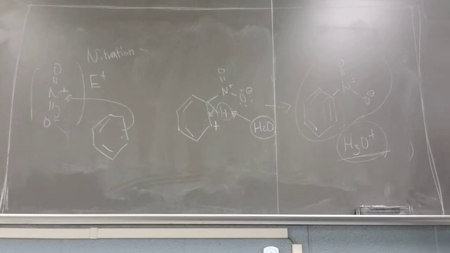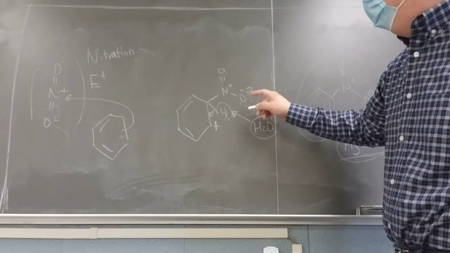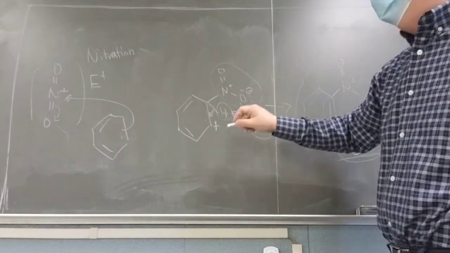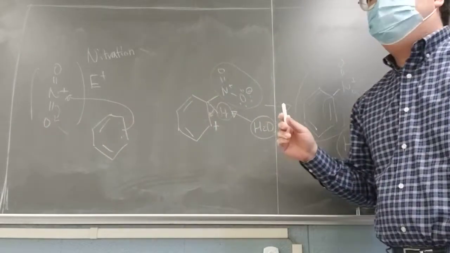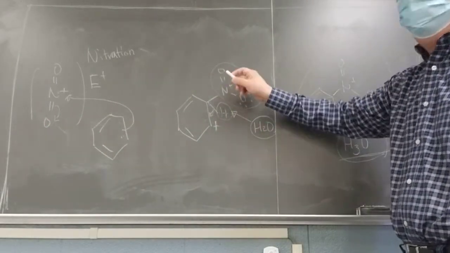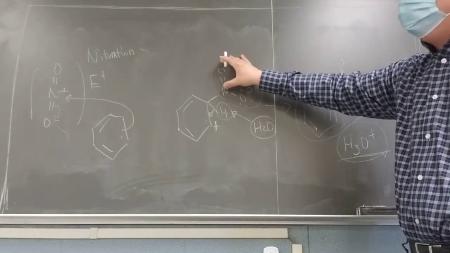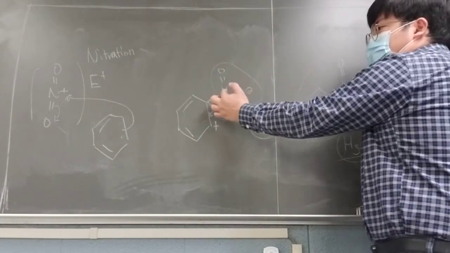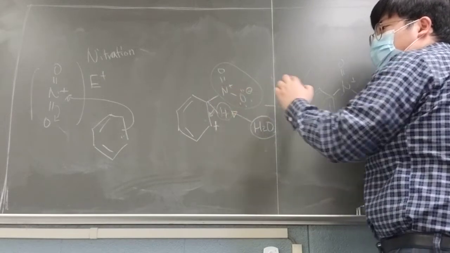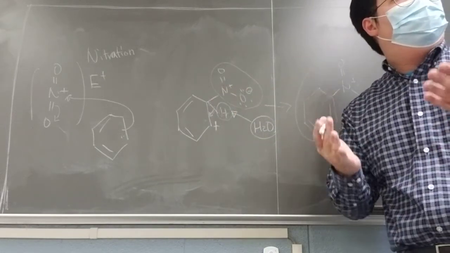I also briefly mentioned this one too. But do you guys know why it has to be in this form? It's because of the double bond. Because of the pi bonds in the double bond, it is unable to. Think about it. If you have a plus charge in here and a negative charge here, it's really, really unstable, right?